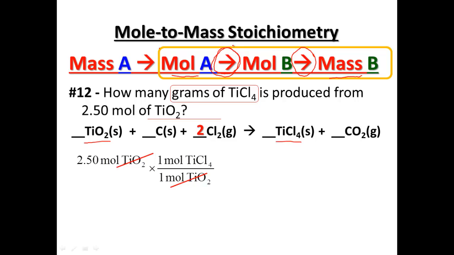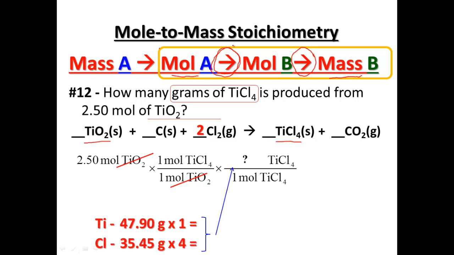Now to move from moles to grams, we need to use our periodic table. 1 titanium to 4 chlorines gives us an approximate mass of 189.7 grams of titanium chloride. So our moles to moles cancel out, leaving us with grams. Numbers on top are multiplied, divided by numbers on bottom, which we don't need to worry about, and we end up with about 474.25 grams of titanium chloride.